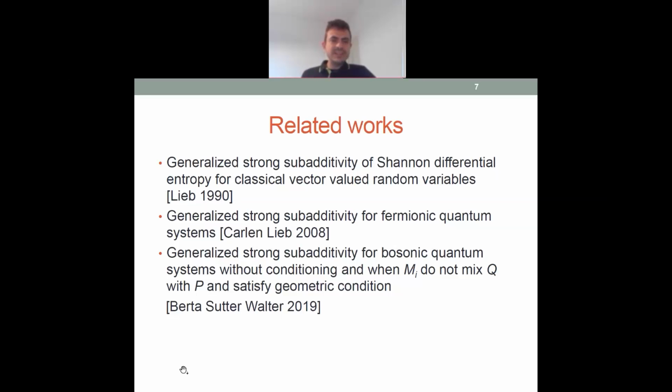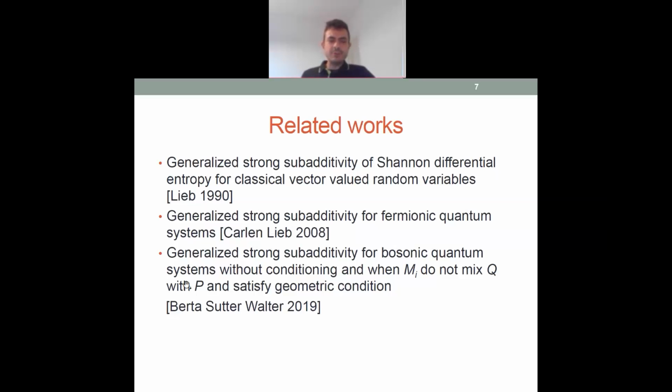And in the quantum setting, similar inequalities had been proved, first in the fermionic case, for fermionic quantum systems, by Eric Carlen and Elliott Lieb in 2008.